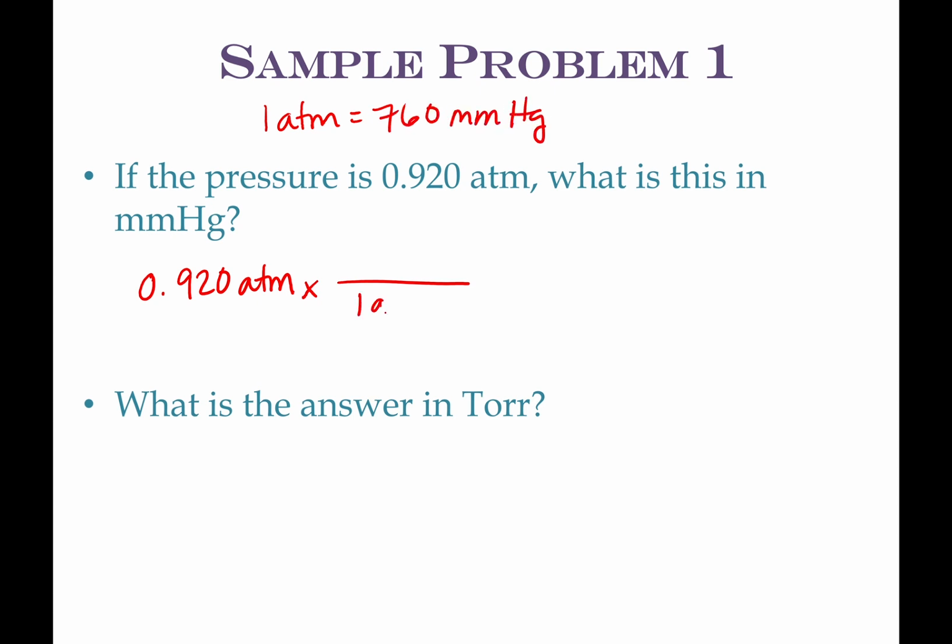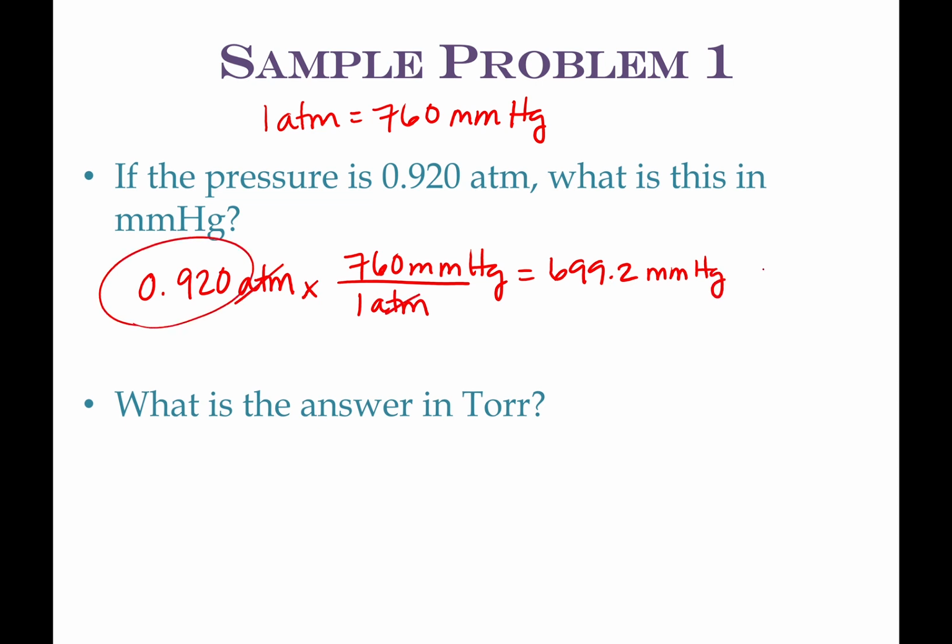So if we take 0.920 times 760, we get 699.2 millimeters of mercury. Sig figs, we can only have 3 because this has 3, so this would be 699 millimeters of mercury.